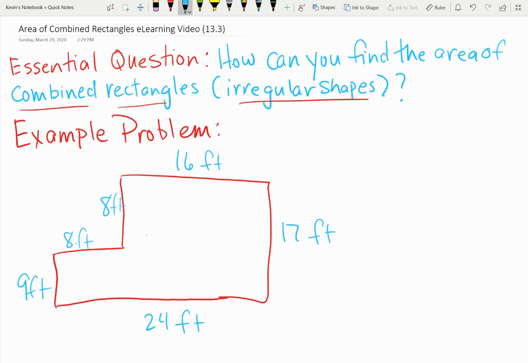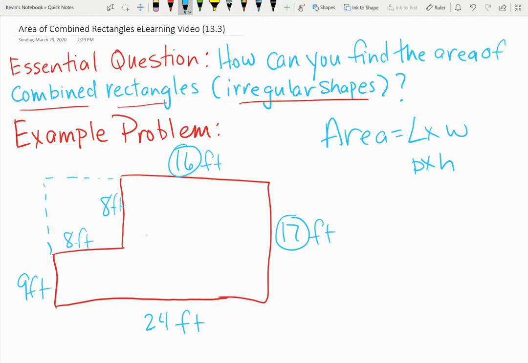So when we do this, normally we know area, and the formula for area is length times width or base times height. We normally could just take the 17 and multiply it by 16 to get our total surface area. But in this case, we can't do that because this little piece over here is missing.